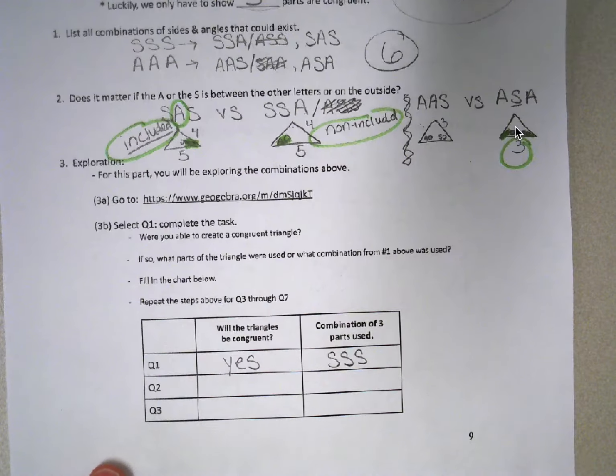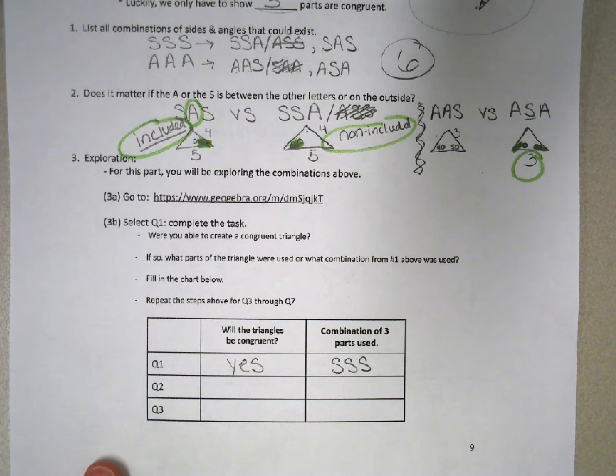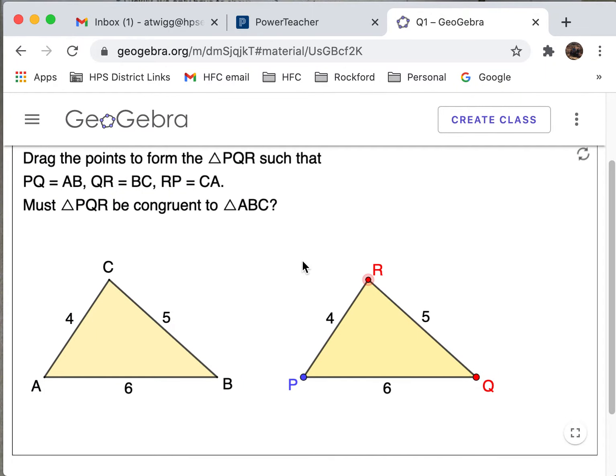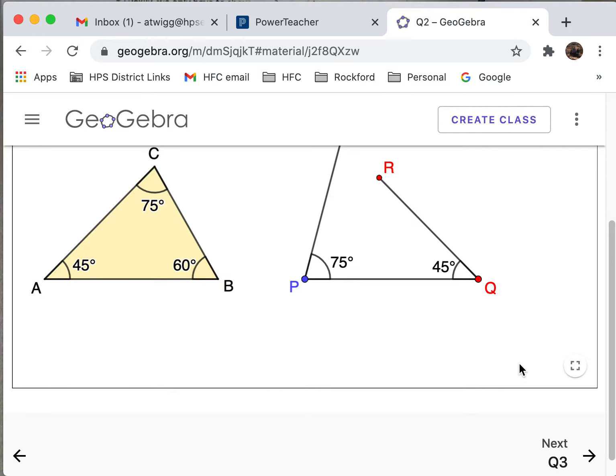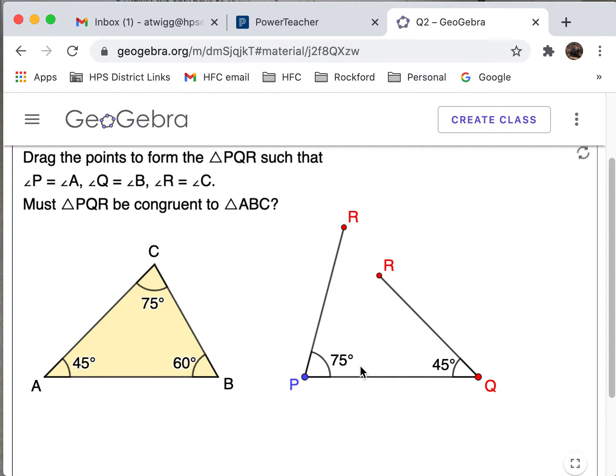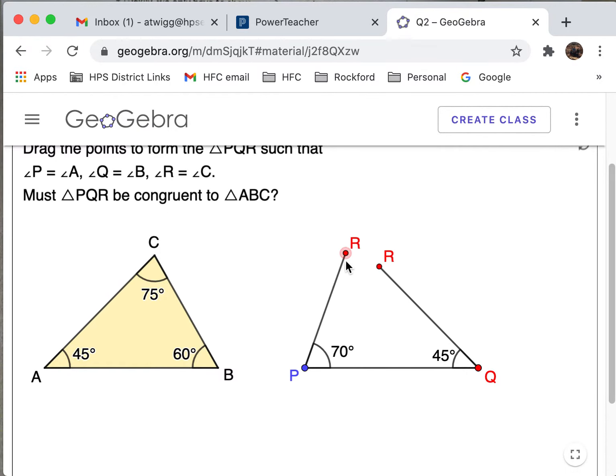Okay, hopefully you've paused it and tried them. I'm not going to go through all of the explorations, but I do want to try the second one with you. If you notice, I have to do 3 angles. So if I get my angle 45, and my angle 60, now what I want you to notice is, what if I made my sides longer?